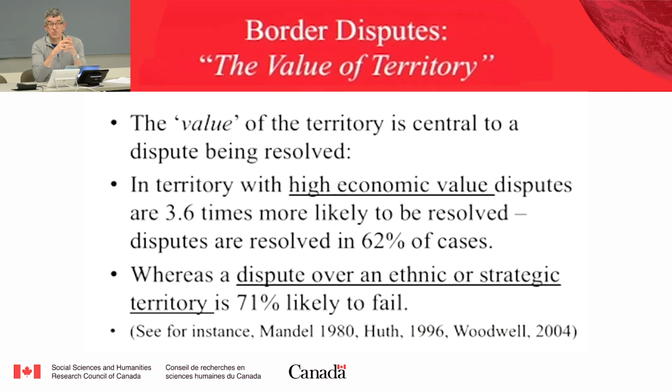But in areas where the disputes are ethnic, or have to do with strategic territories, but the land has very little economic value, and instead has religious value or linguistic value or political community-based value or identity value, the international community is unable to really resolve those.